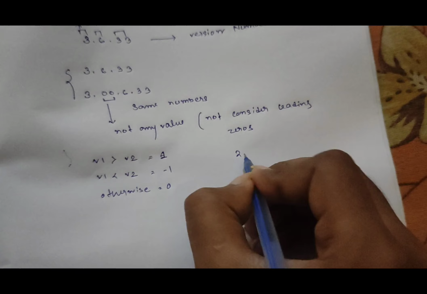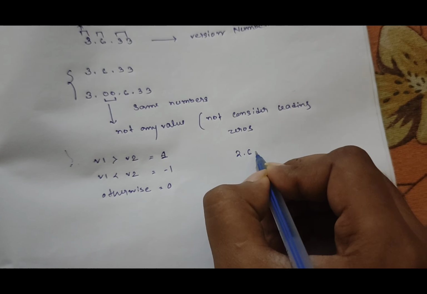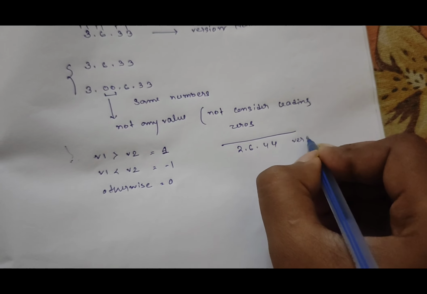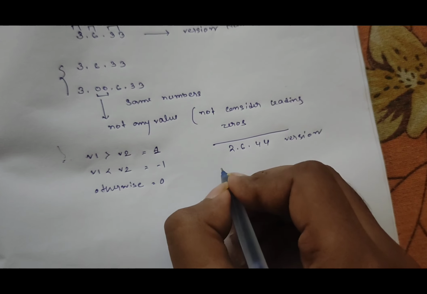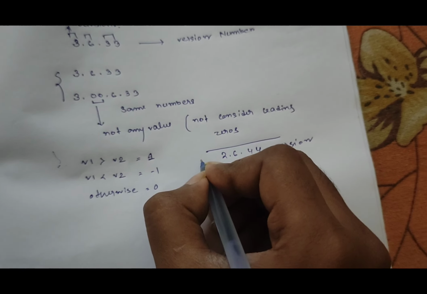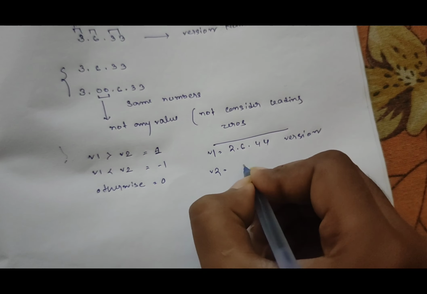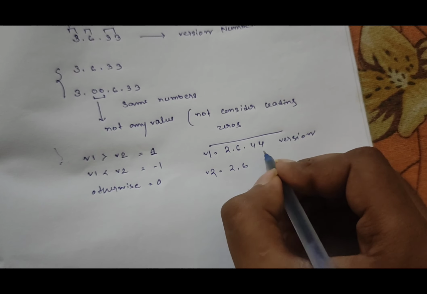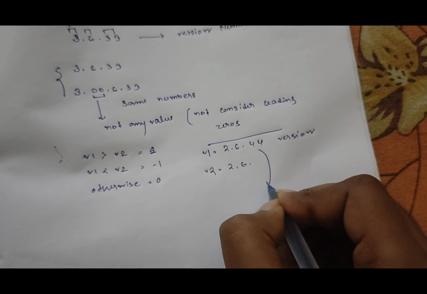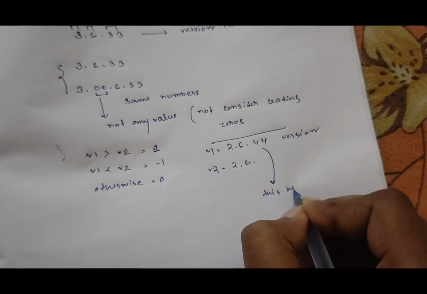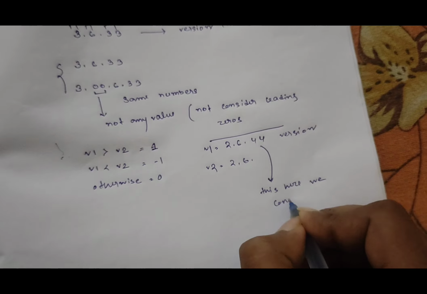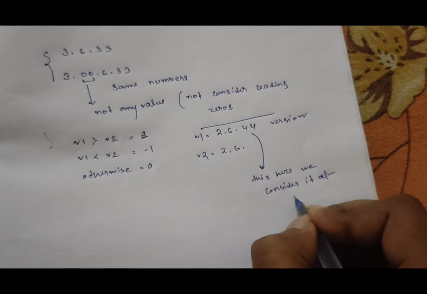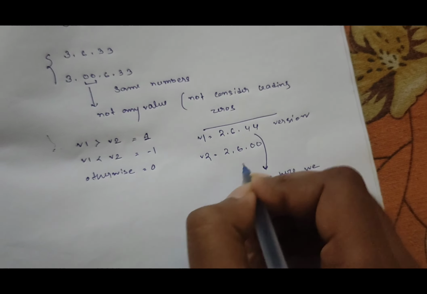If 2.6.44 is given as the version number in version 1, and in version 2 we are given just 2.6, then for the missing revision we consider it as 0.